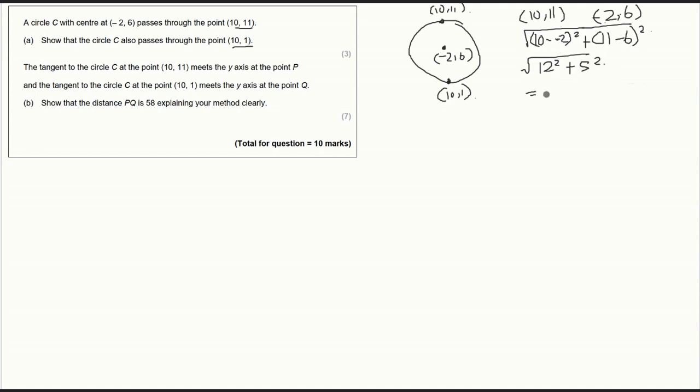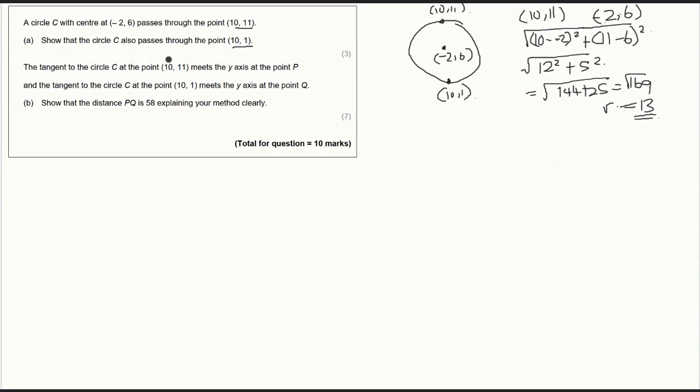So clearly this gives you a Pythagorean triple, which is 5, 12 and 13. So this is 144 plus 25, that gives me the square root of 169, and the answer is 13. Okay, so the radius is 13.